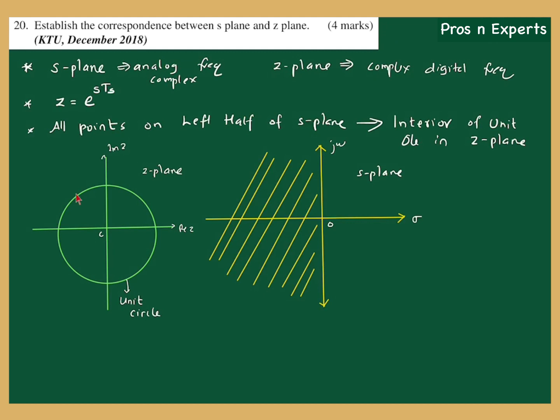This is the unit circle, so the interior of this unit circle means these points. So the mapping is like this. All points on the left half of S plane are mapped to the interior of the unit circle.